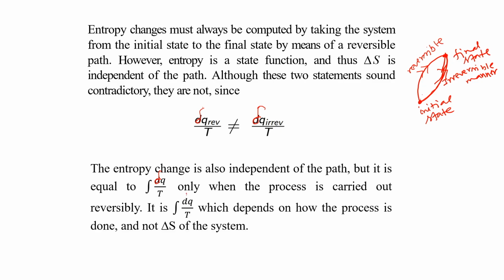It is delta Q by T that depends on how the process is done, not the delta S of the system. Remember one thing: Q is a path function, but when you divide Q reversible by T, that gives you entropy, which is a state function. So Q is a path function, but Q by T is a state function.